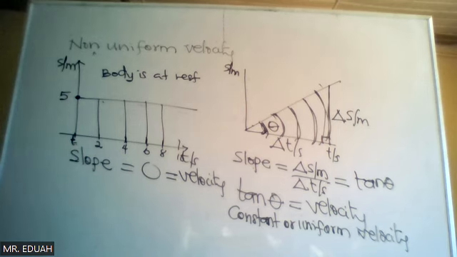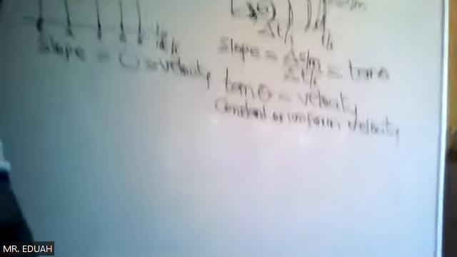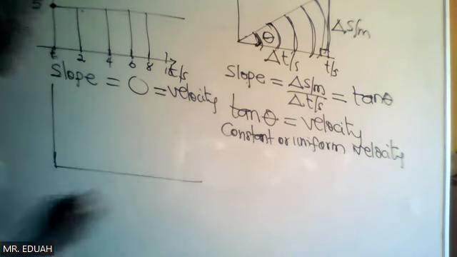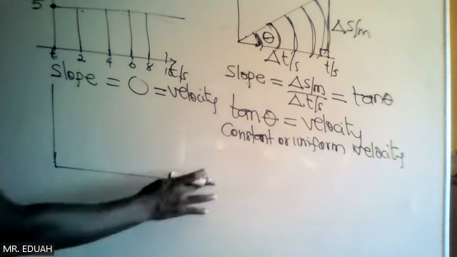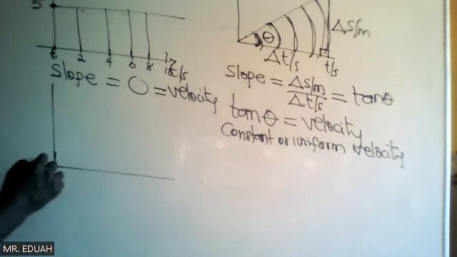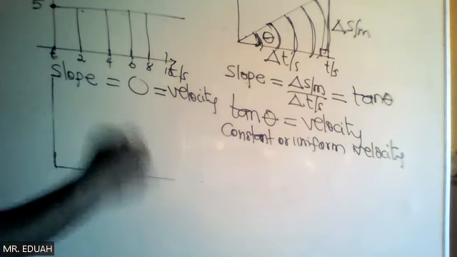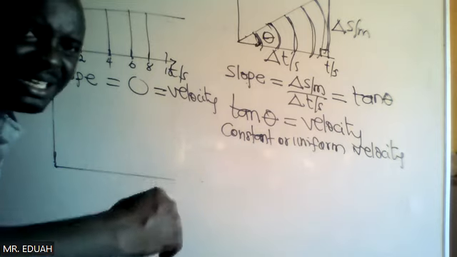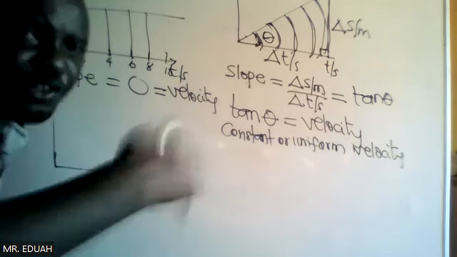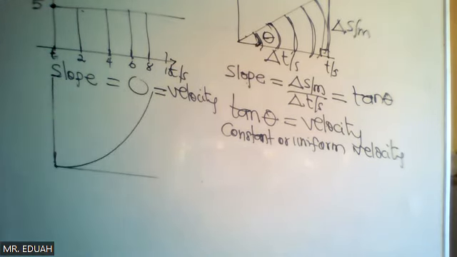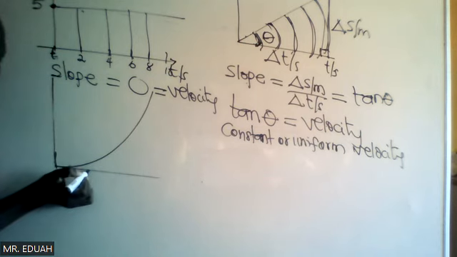Now the last one, which I talked about for instantaneous velocity. When the distance covered increases with time, but in a non-uniform manner, when you plot such a graph, this is what you have. Now look at the slope, which is the angle.